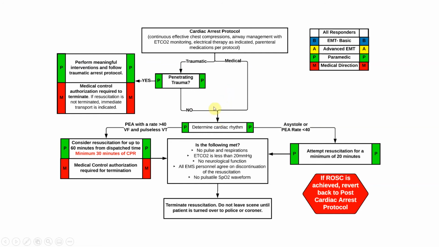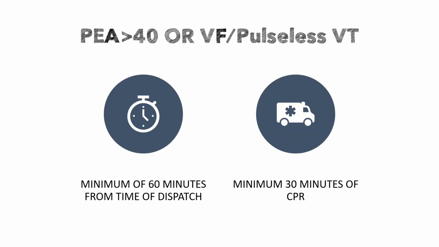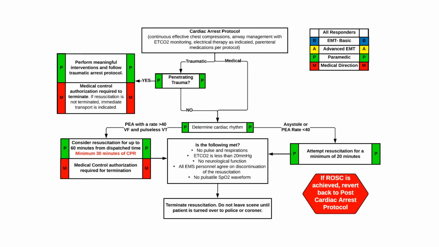And then, if it's medical or blunt trauma, we split it between the cardiac rhythms, whether it's PEA with a rate greater than 40, or VFib and pulseless VTAC, or asystole or PEA with a rate less than 40. Now, for the PEA greater than 40 or pulseless VTAC, I'll go back so you can see that.